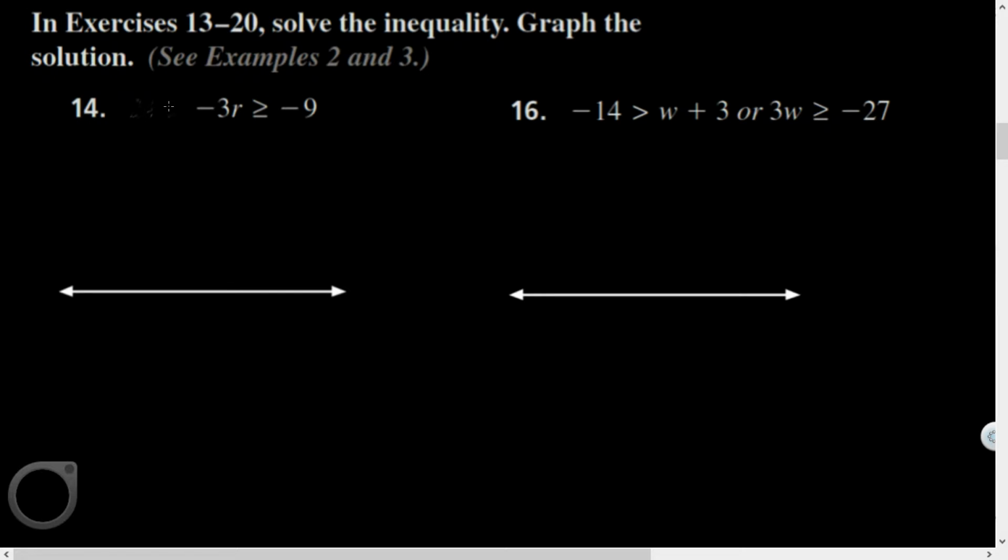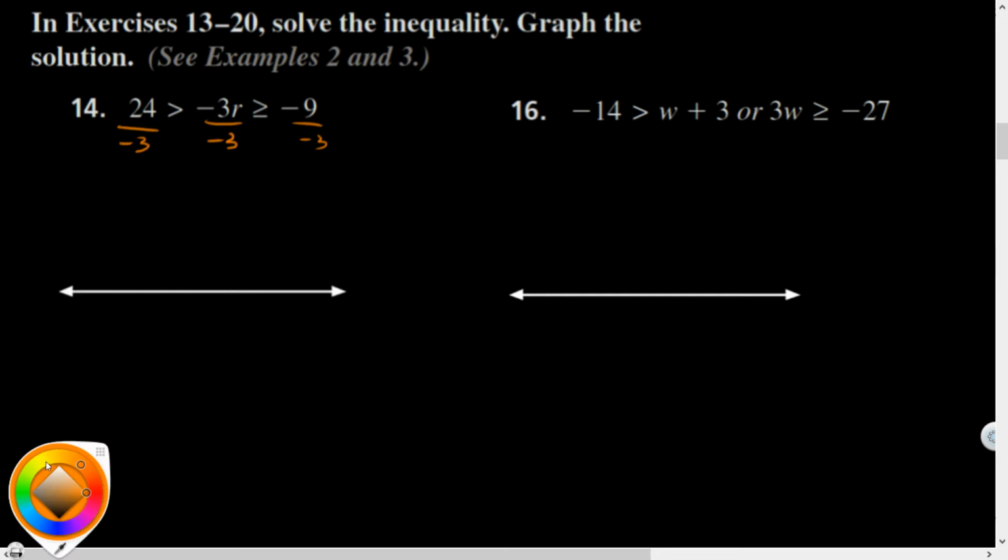That's amazing, you guys. So if I wanted to solve for r, what would I do to both sides? Divide by -3. And the only thing I'm going to do different is, there's 3 sides now. We'll divide all of them by -3. So that's all you do different. It ain't nothing scary. And 24 divided by -3 is -8. These cancel out.